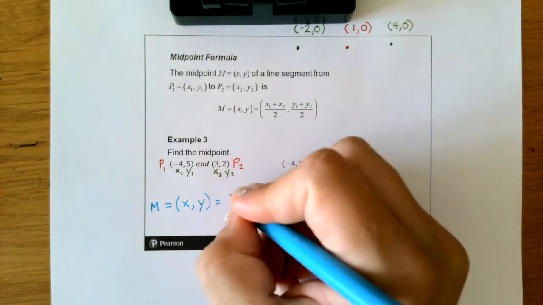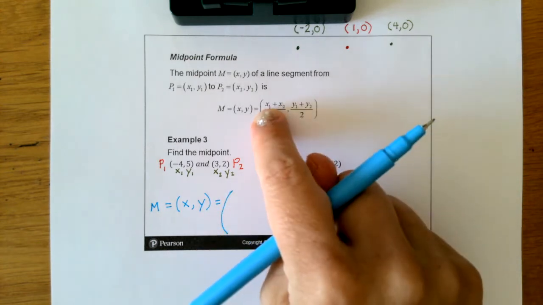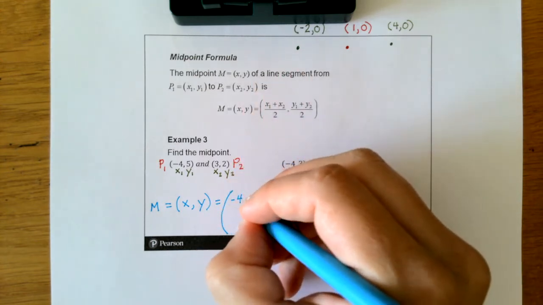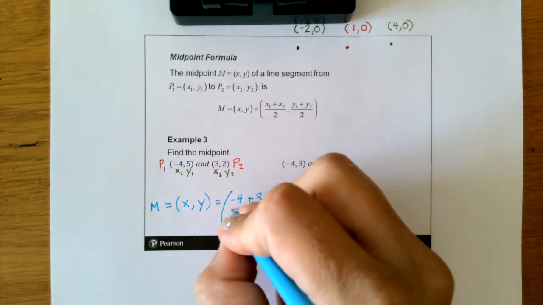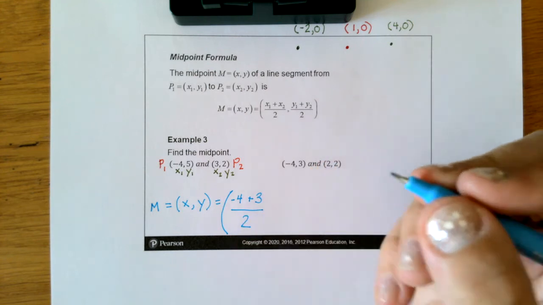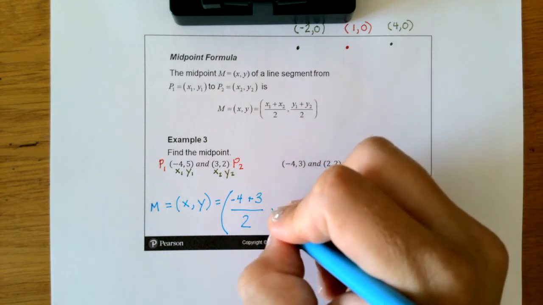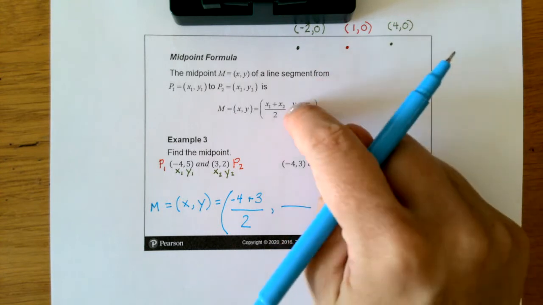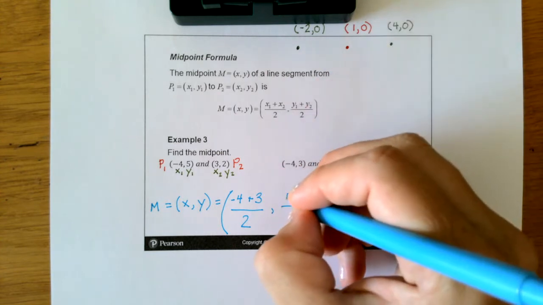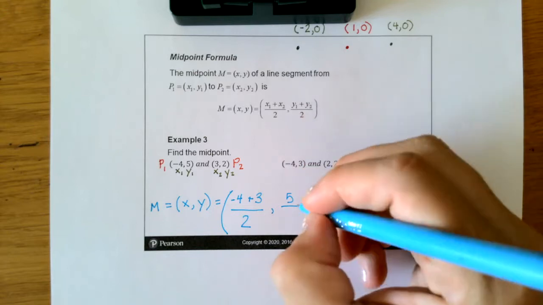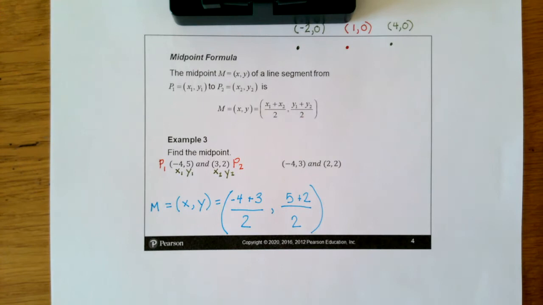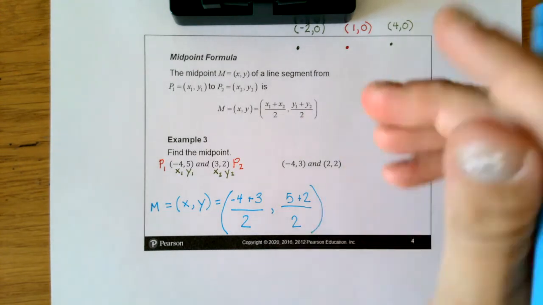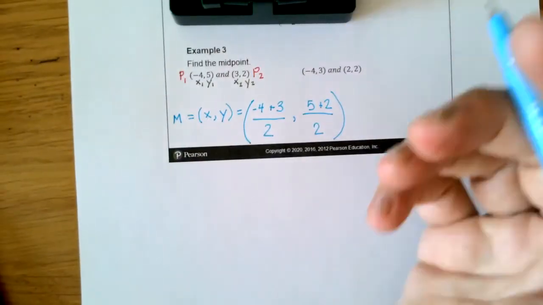And that x, y will be x1, -4, plus x2, 3, divided by 2, comma, y1, 5, plus y2, 2, divided by 2. Okay? But let's do this one at a time.